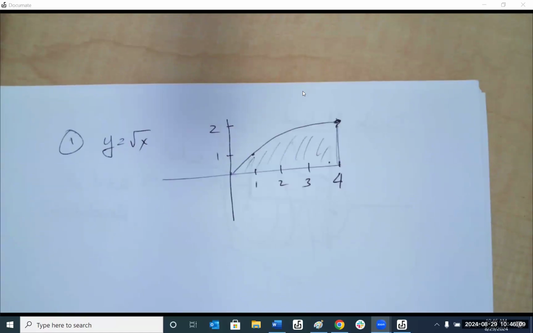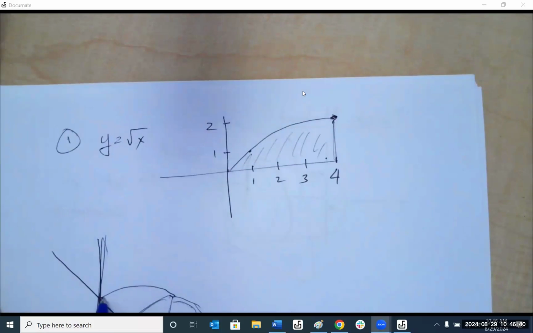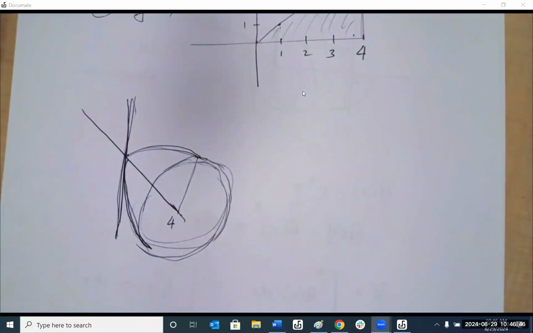And then it said we rotate it about the x-axis. Kind of looks like one of those acorns, the bottom part, we don't know what the cap on it is.